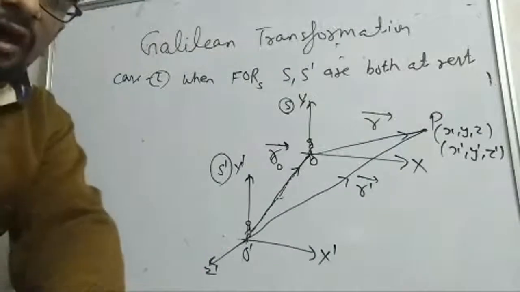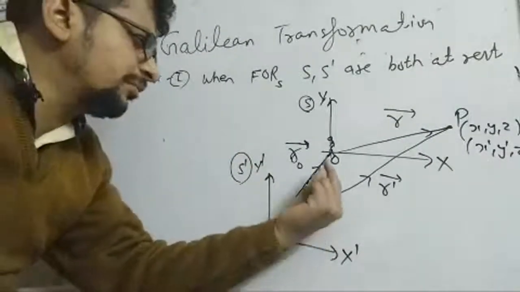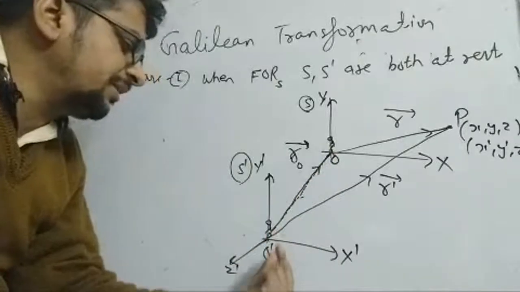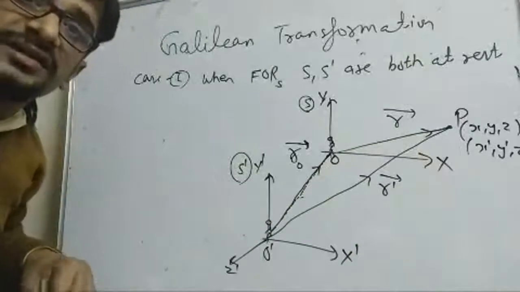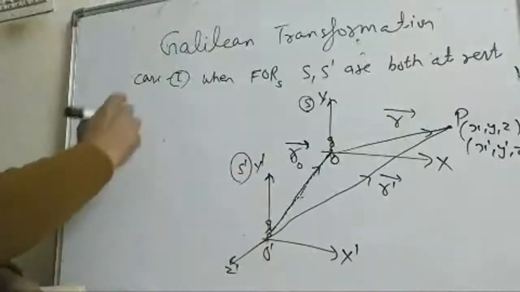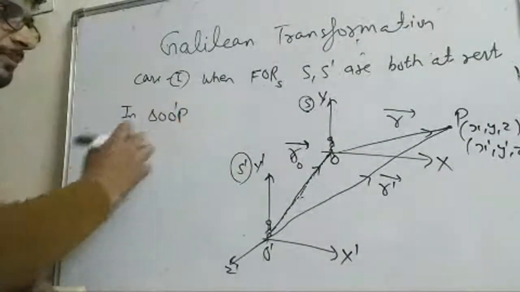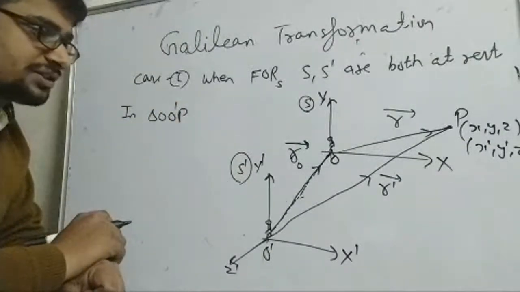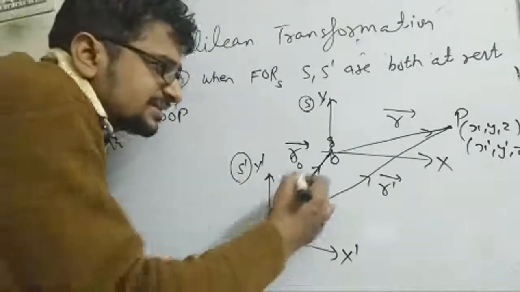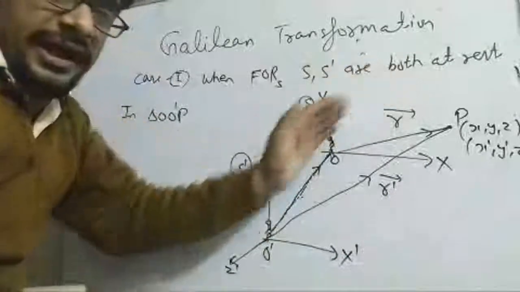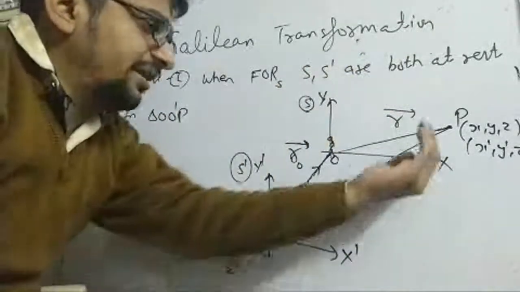Now you can see we have a triangle formed between both observers, named O dash, O and P. So we can apply the triangle law in triangle O dash O P. These sides are consecutive and in the same order, and the opposite side is r dash vector.